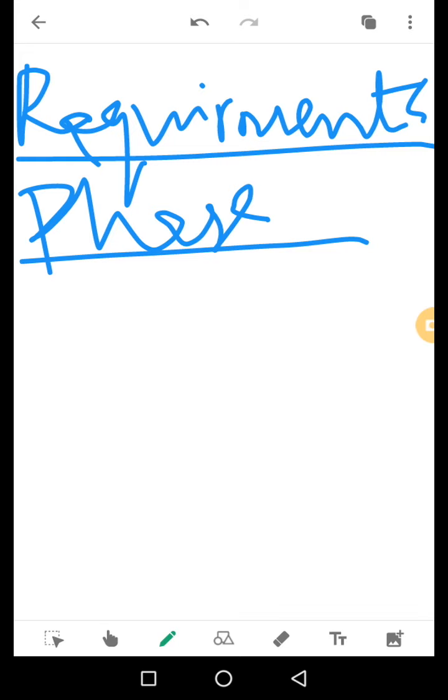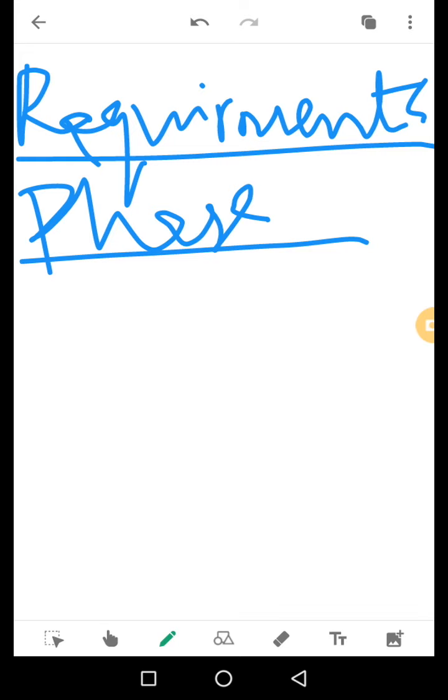So the job of requirement analysis is dedicated to a specialized requirement analyst. That is, a requirement analyst now is dedicated to the job of a requirement analysis process.